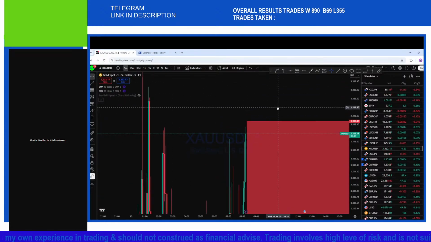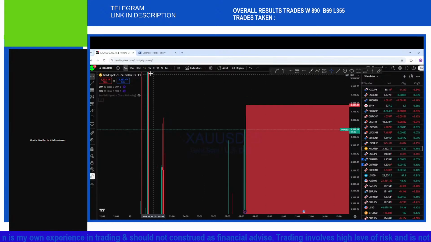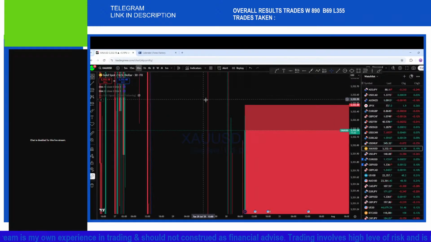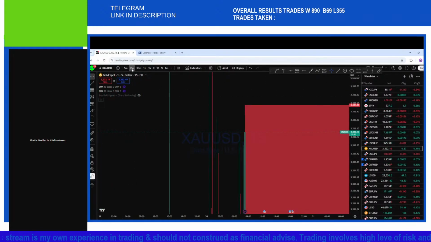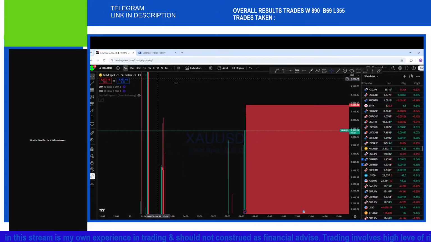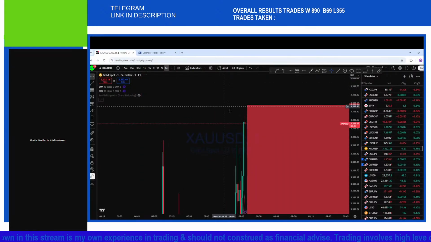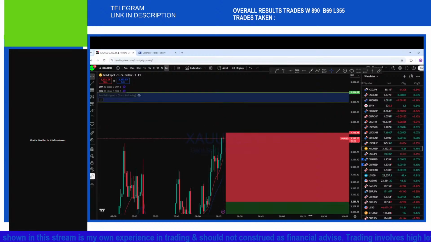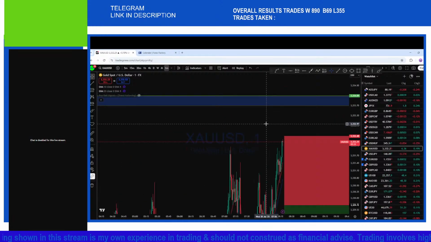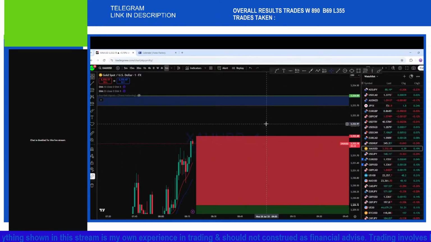So you see the price tested the session's high. It went to the upside, still on the trade, and it's a big bounce. It may potentially go back to the daily high.